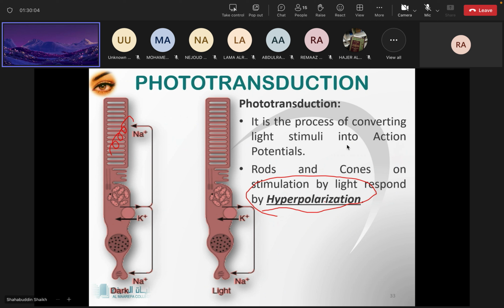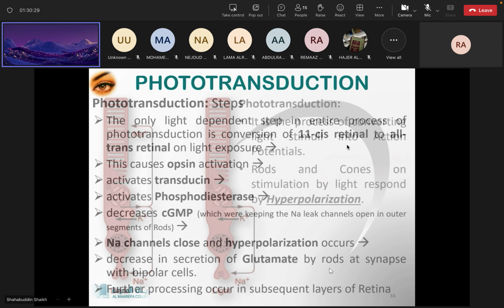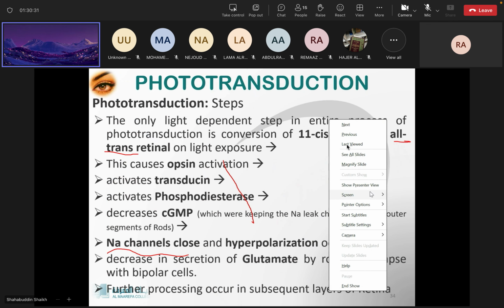This is one of the rare examples where the receptors respond by hyperpolarization. This sentence you have to remember for your exam: rods and cones on stimulation by light respond by hyperpolarization. Number one.